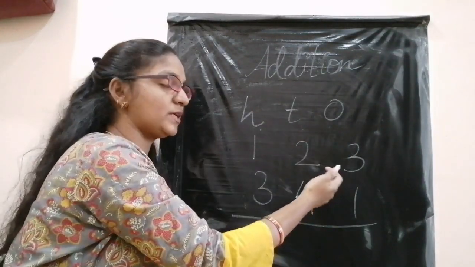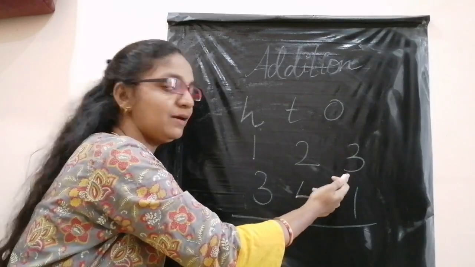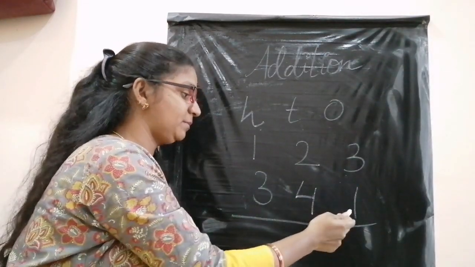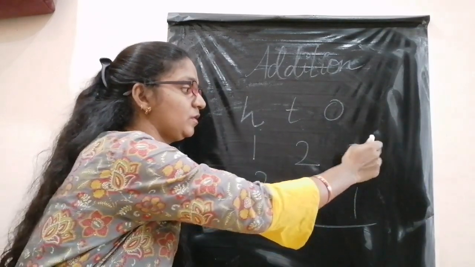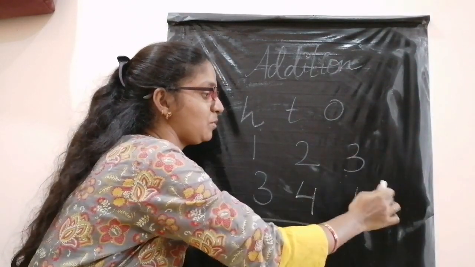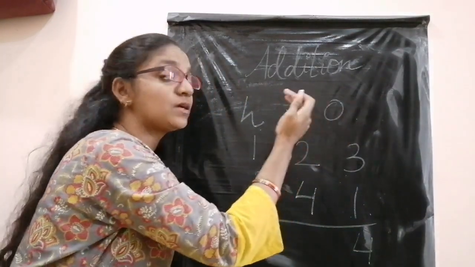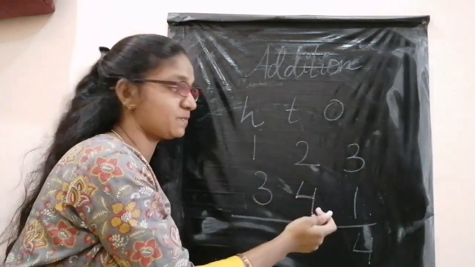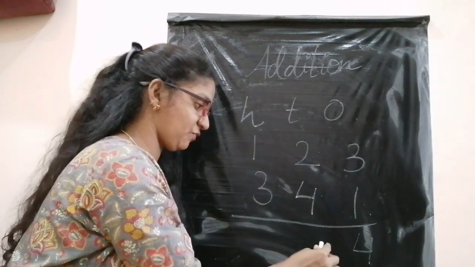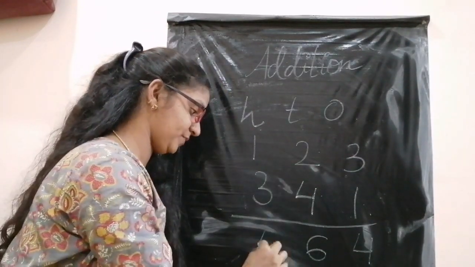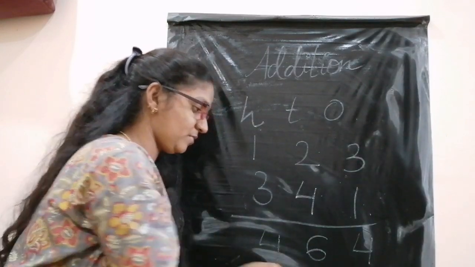So in the ones place, what is there in the first number? It is 3 and the next number 1. So what is the sum of ones place? It is 4. Next we will go to the tens place. So 2 plus 4 it is 6 and next 1 plus 3 it is 4.